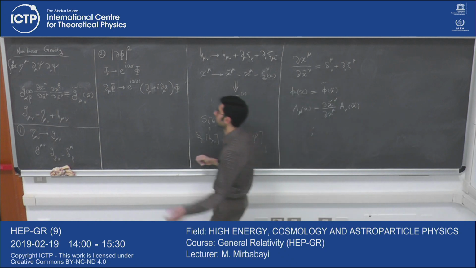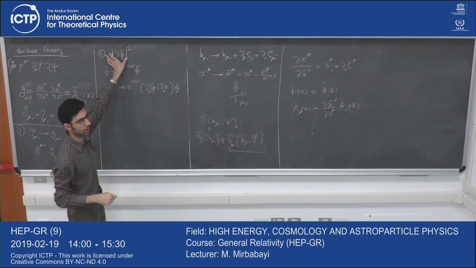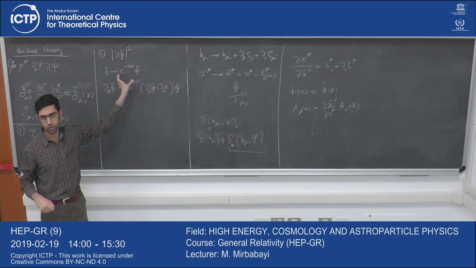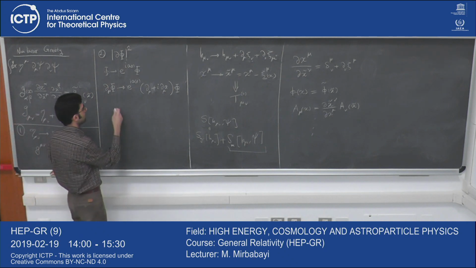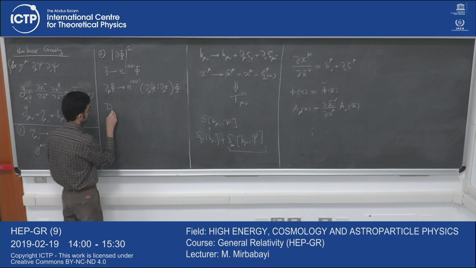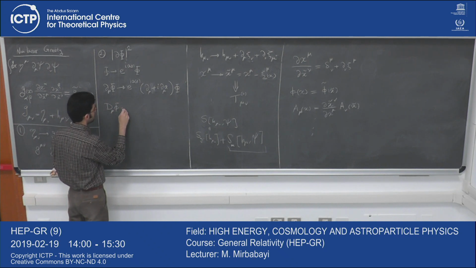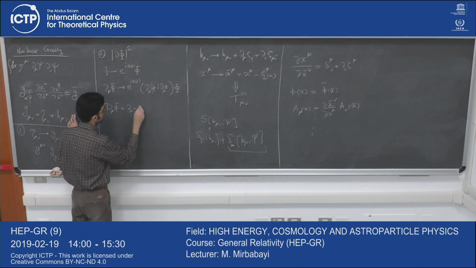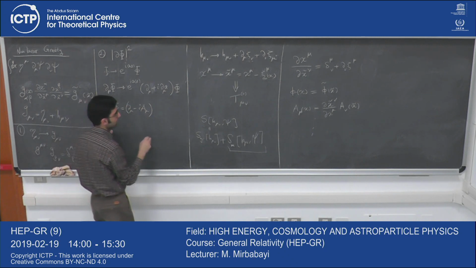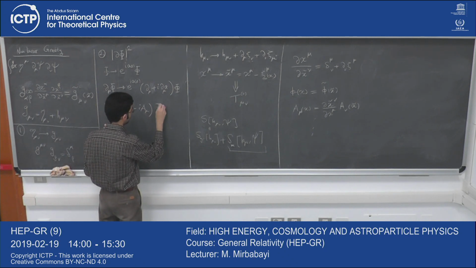And then, therefore, this kinetic term is not invariant under the local transformation. In order to make it invariant, what we do is define the covariant derivative, D mu of phi, which is the derivative minus i A mu of phi.